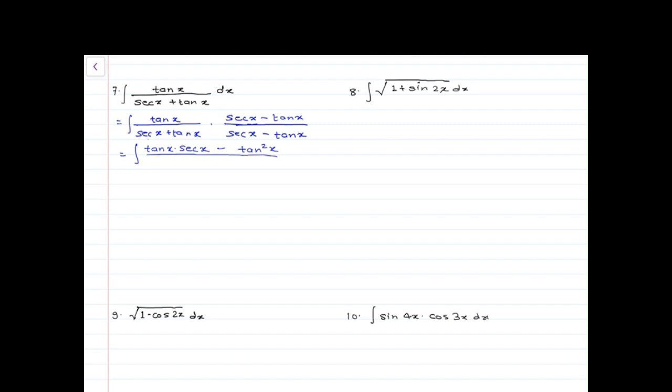And again a plus b into a minus b will give you a square minus b square. Again we know this identity, 1 plus tan square x is sec square x, so it can be rearranged as sec square x minus tan square x, which is equal to 1, right?